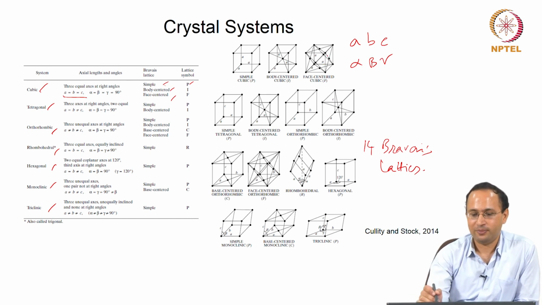So simple cubic, body centered and face centered are called P, I, F; these are just lattice symbols.